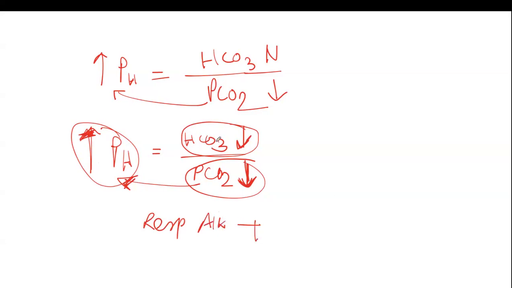plus. So your body will try to compensate it. pH is high, so your body needs to lower the pH. So what needs to be done with bicarbonate? Because it's the numerator, if it decreases, pH will come down. So that's why bicarbonate is low here.